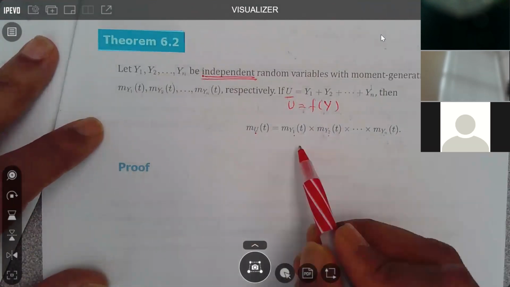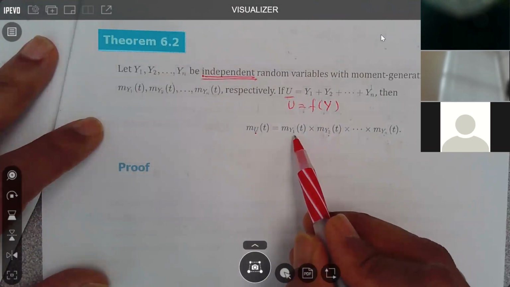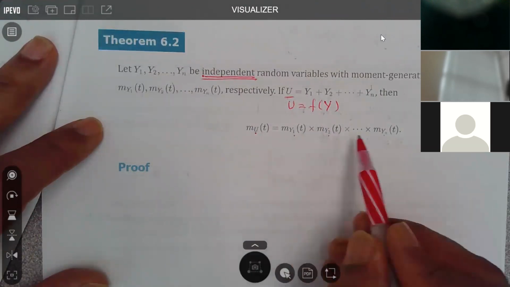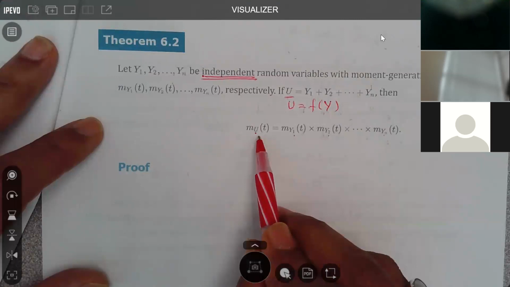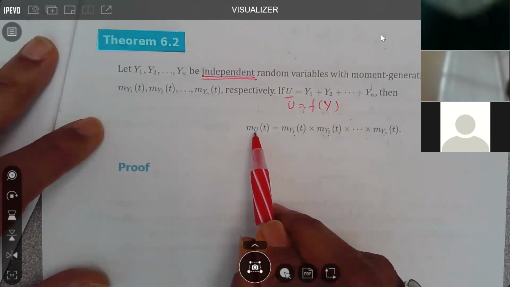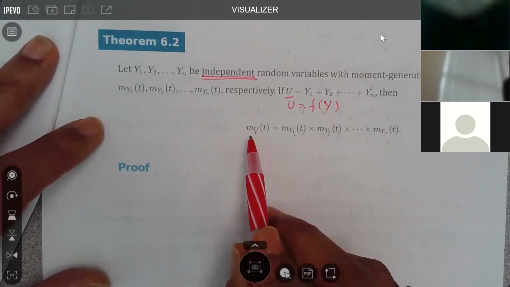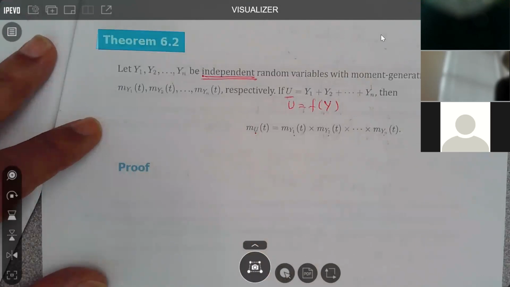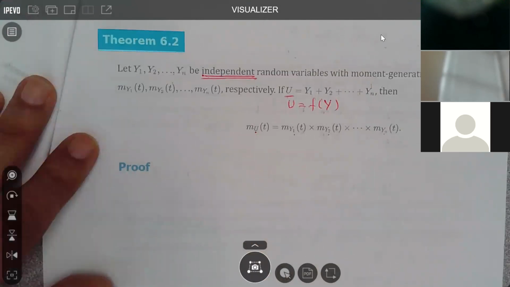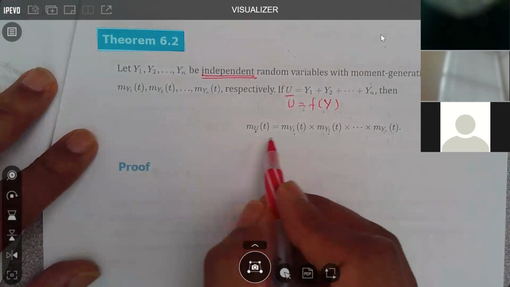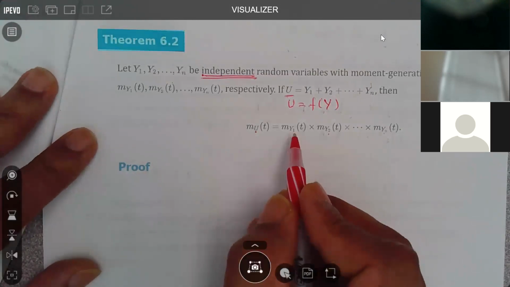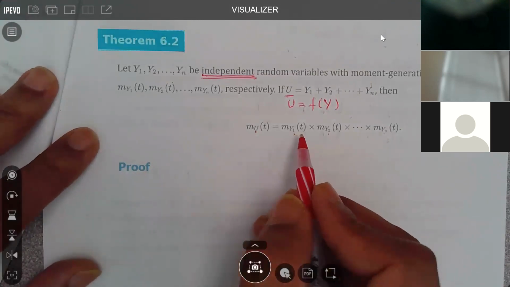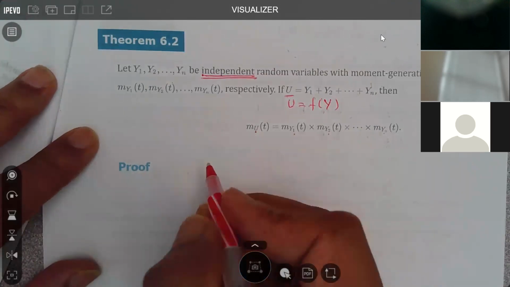So if we know the moment generating functions for y1, y2, and yn, then we can find the moment generating function for the new random variable u, which is a function of y. Now this is a very useful formula, and we will be using it. Now let's prove this one here.